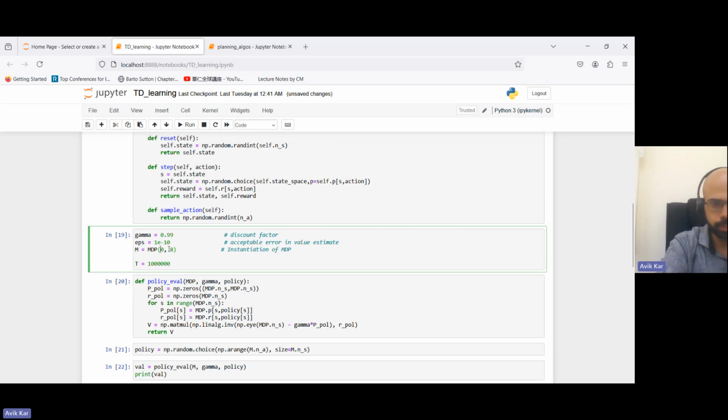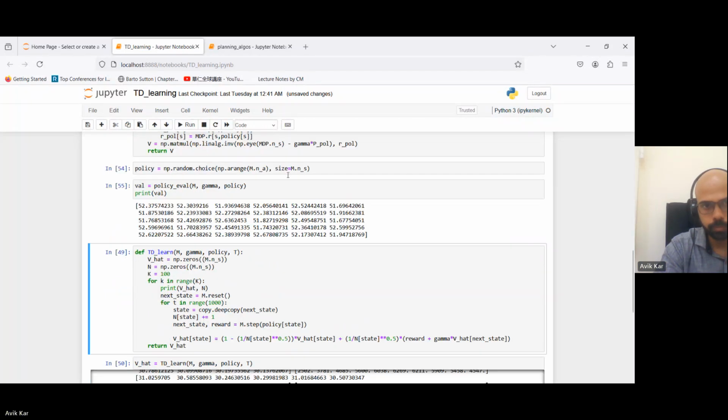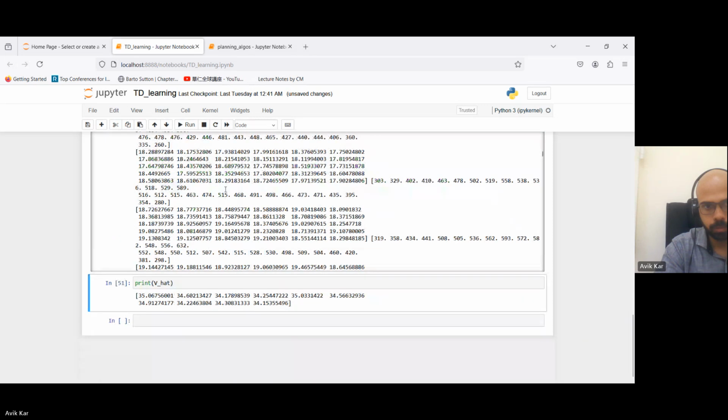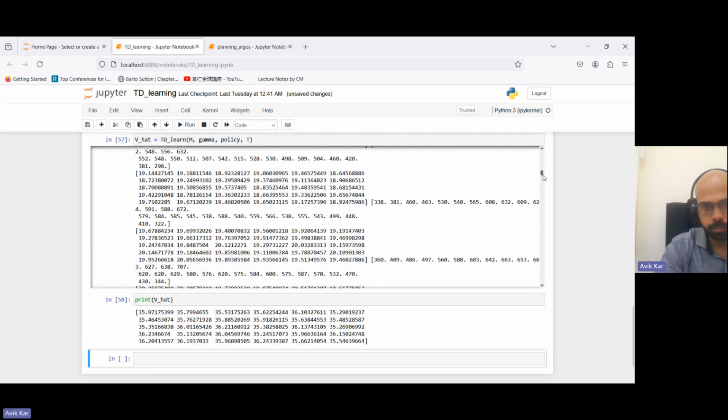So let's increase it to say 30. It will take more time. Now hopefully it will work. No, unfortunately, that is also not true.